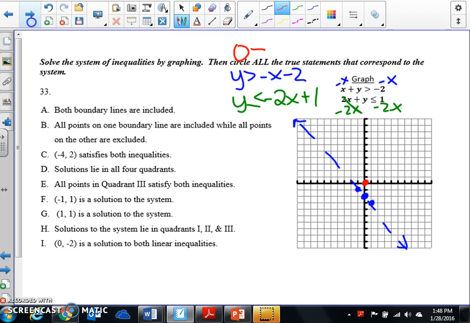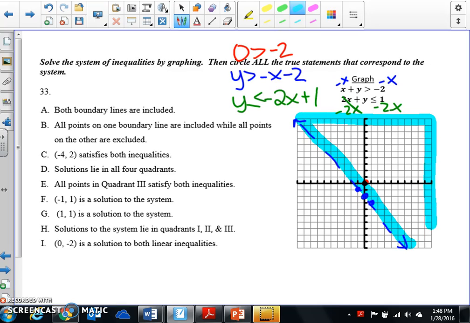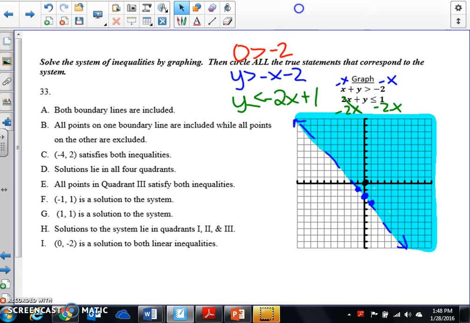So 0 is greater than negative 2. That is true. So I highlight above because that's where that point is located.